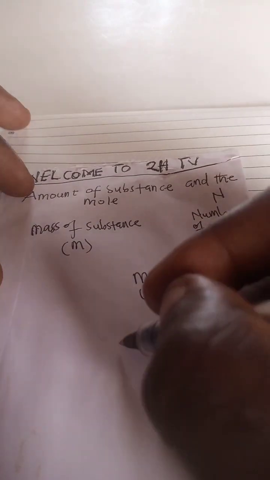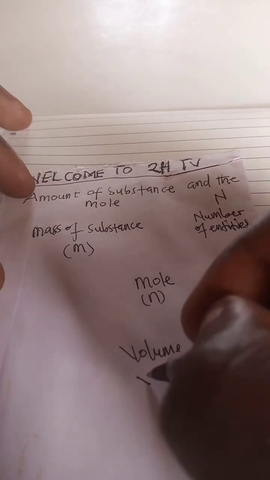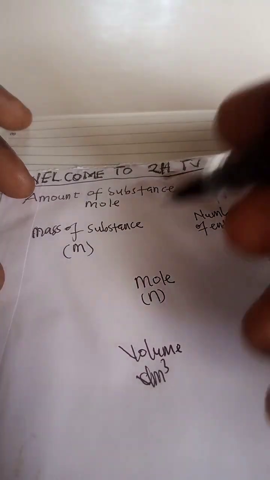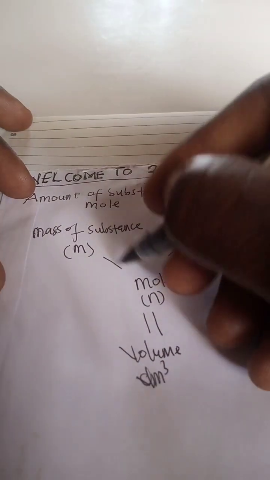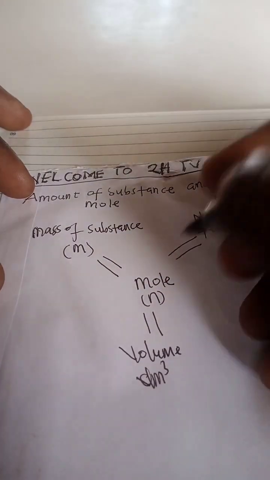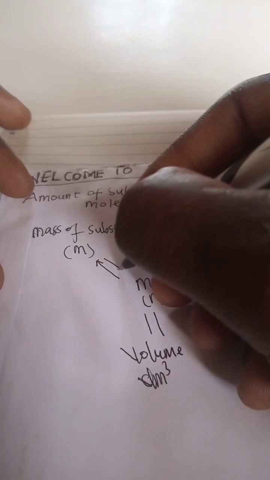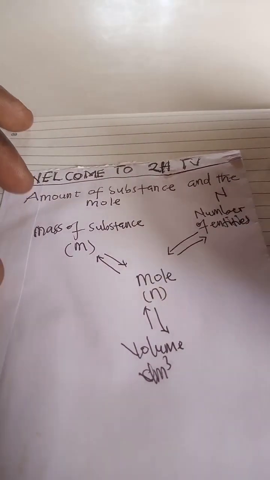Then here should be volume, which is in dm cube, right? Then we have two arrows here, one to the left, one to the right, one to the left, one to the right, one to the left, one to the right.